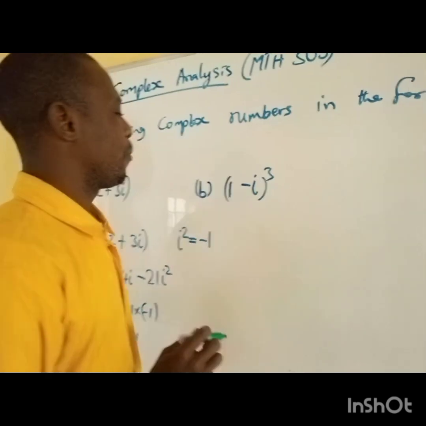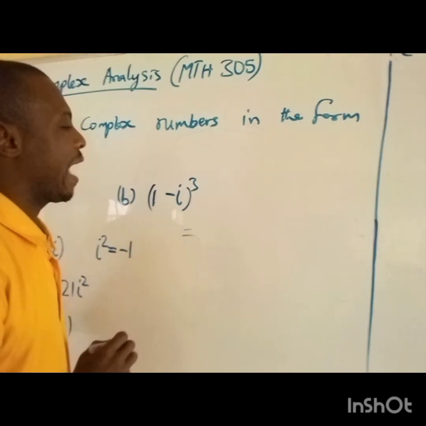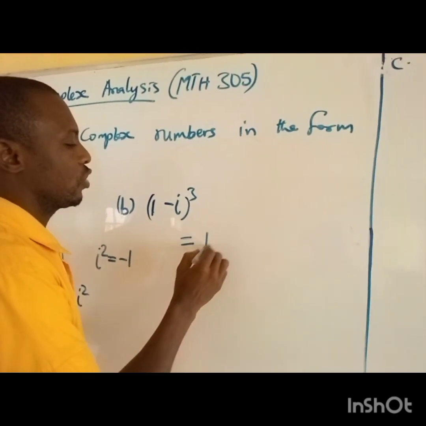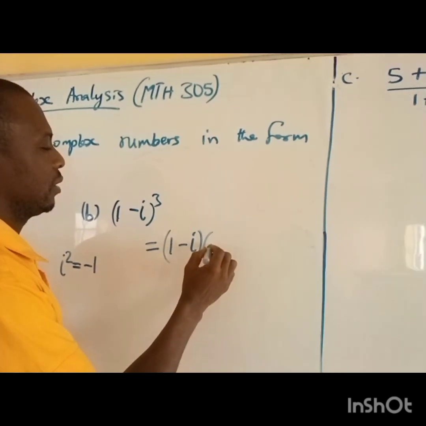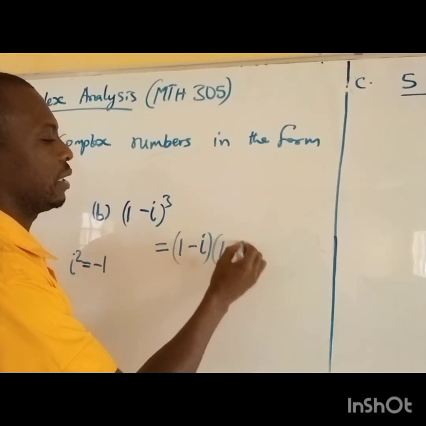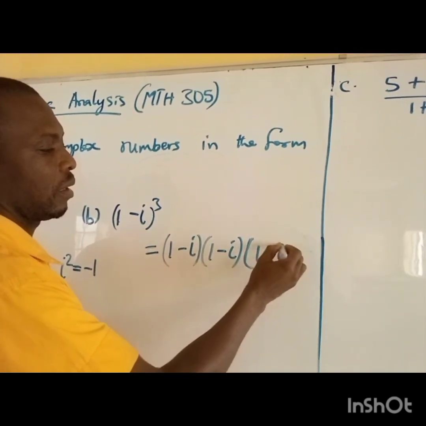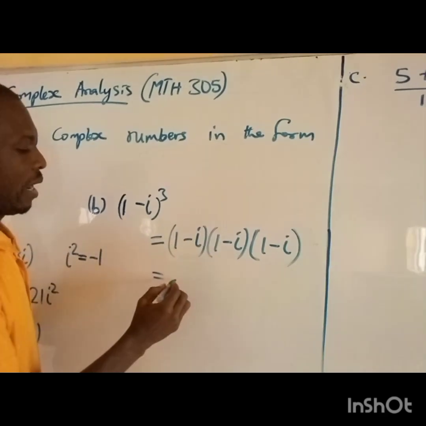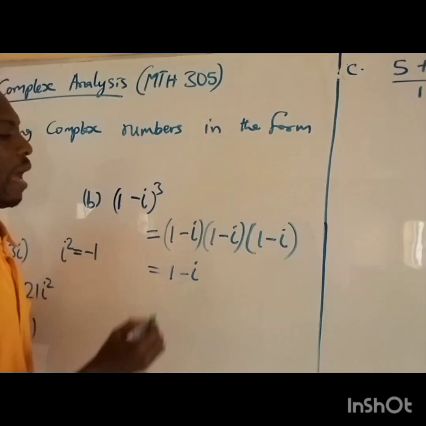Now for B. B says 1 minus i is raised to power 3. So it means we'll multiply the content of the bracket in 3 places. So we have 1 times 1 as 1, 1 times i as i.